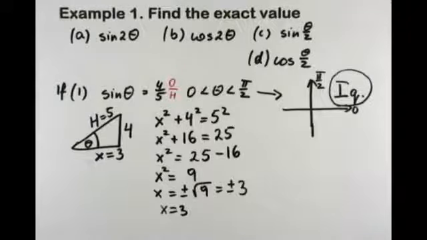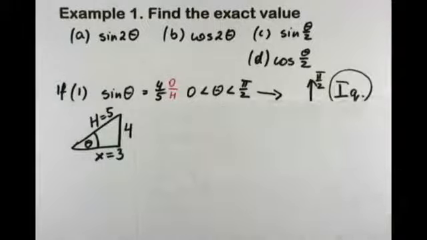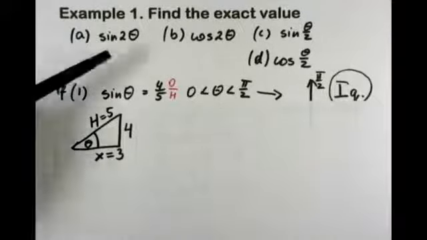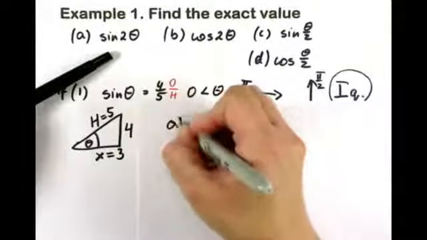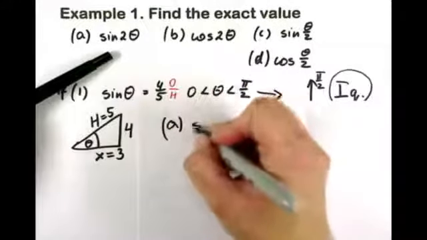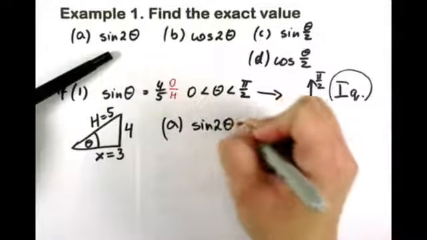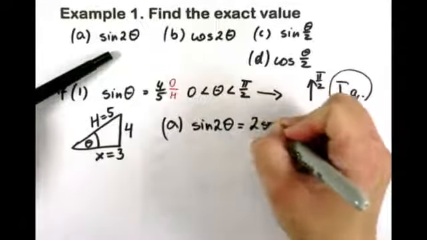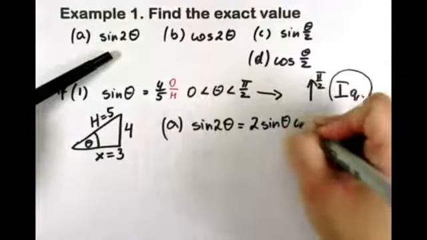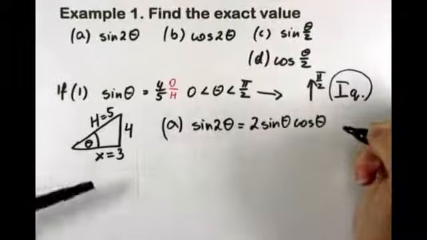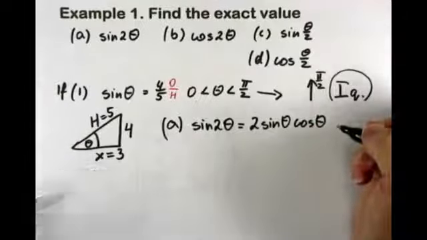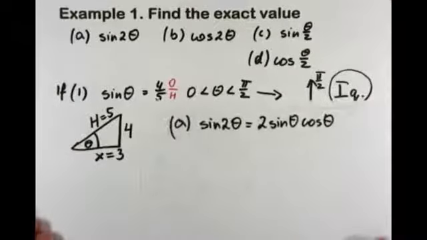Okay, so now we are using the double angle formula. We need to find sine 2 theta. Sine 2 theta we know is 2 sine theta cos theta. So now I can substitute. Oh, I should have found sine theta and cos theta first.